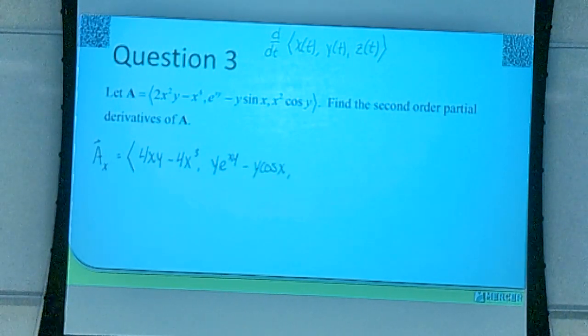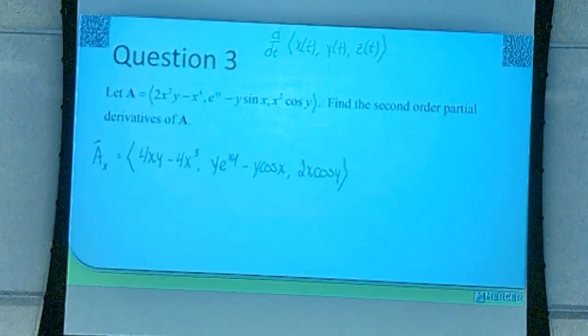What's the third component? Up to sine 1. Why sine? Oh, 2xy sine. Oh, not differentiating with respect to y.